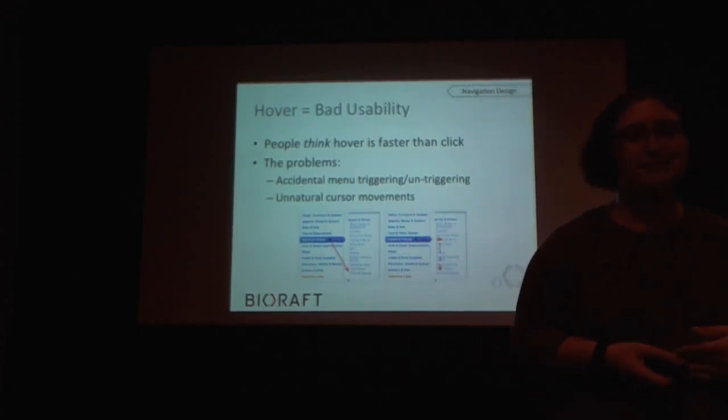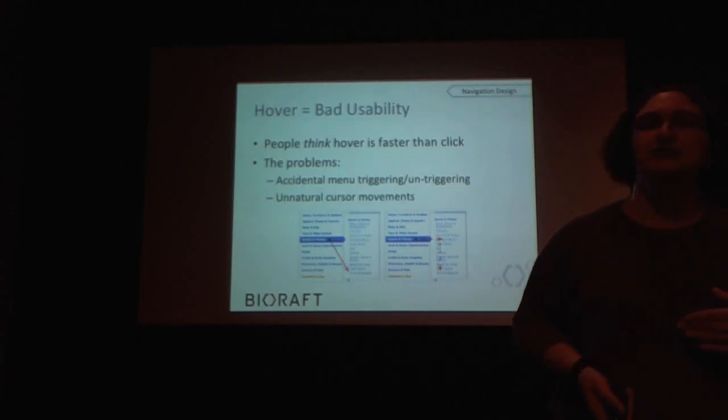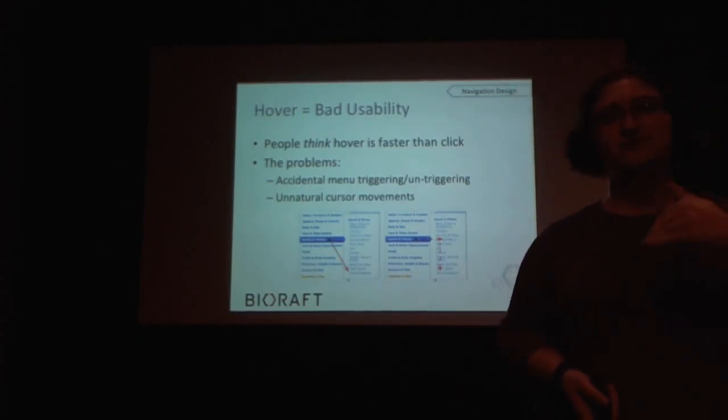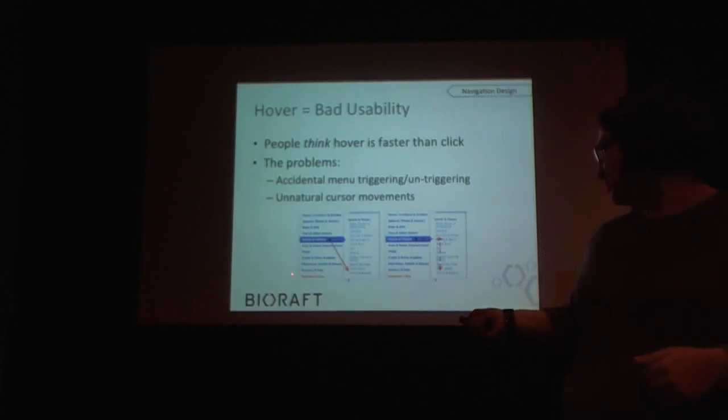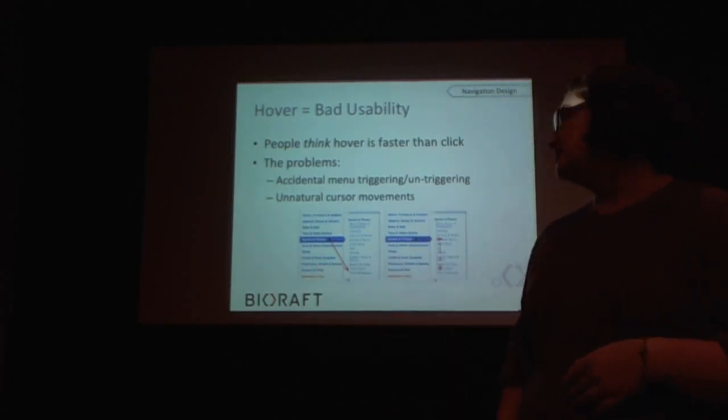So the main problem is that when you're hovering, you use these unnatural cursor movements. You have to move to the side and then down as opposed to moving in a straight line. So if you move in a straight line, you went to sports and fitness, you want the item that's at the bottom, you go straight, oh, suddenly you're clicking on something in grocery and pets or health and beauty, and that's not where you want to end up.